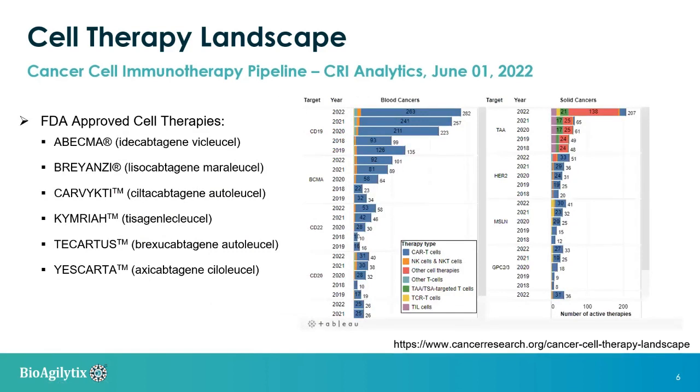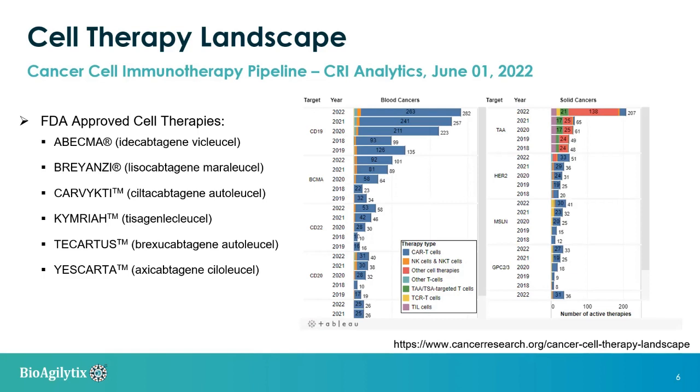So as I mentioned, there are already several FDA-approved cell therapies. These are mainly CAR T therapies, and several of them are known for the treatment of hematological malignancies or blood cancers. But what I wanted to mention on the slide is that even though that's a very niche indication right now, cell therapies are of increasing interest for treatment of other cancers and other diseases, including solid tumor cancers.